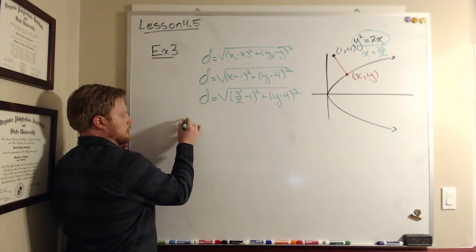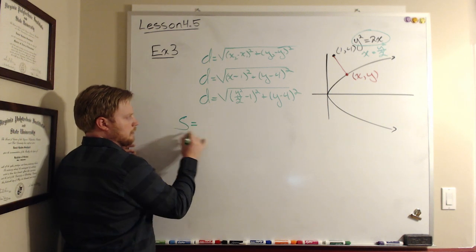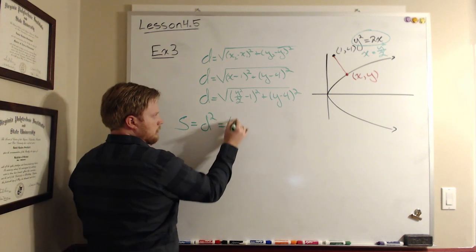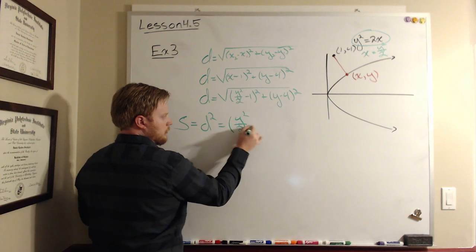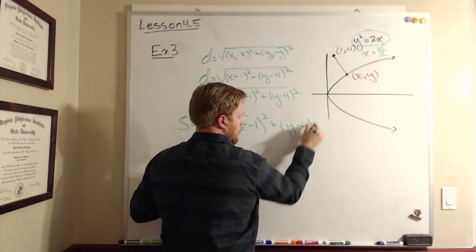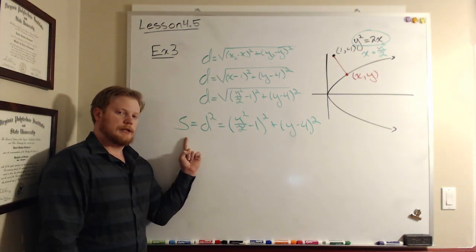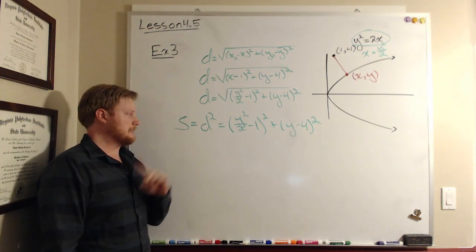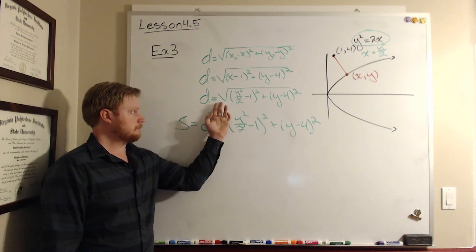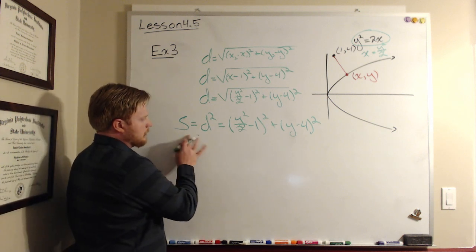So we're going to actually minimize the value s, which is d squared, which is y squared over 2 minus 1, and so on. Minimizing s happens at the same place as the minimum point of d. So this is what I want to minimize.